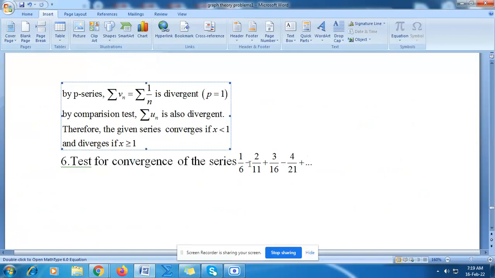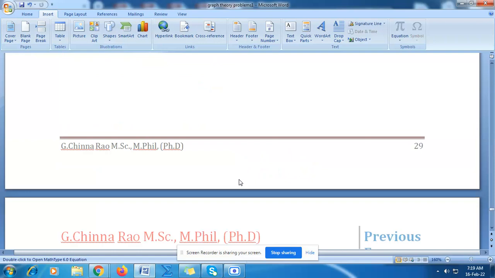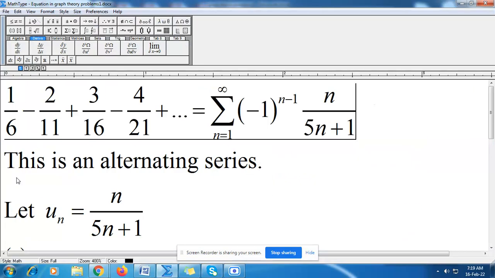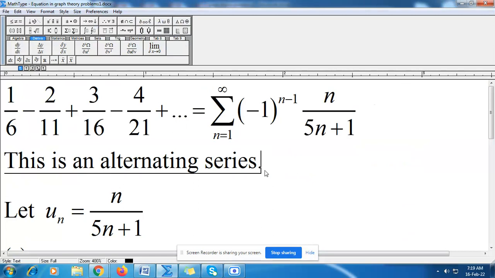Now test for the convergence of 1 by 6 minus 2 by 11 plus 3 by 16 minus 4 by 21 plus so on. We observe that this is an alternating series. So we write it in summation notation as sigma n running from 1 to infinity, (-1) whole power n minus 1 into n by 5n plus 1.